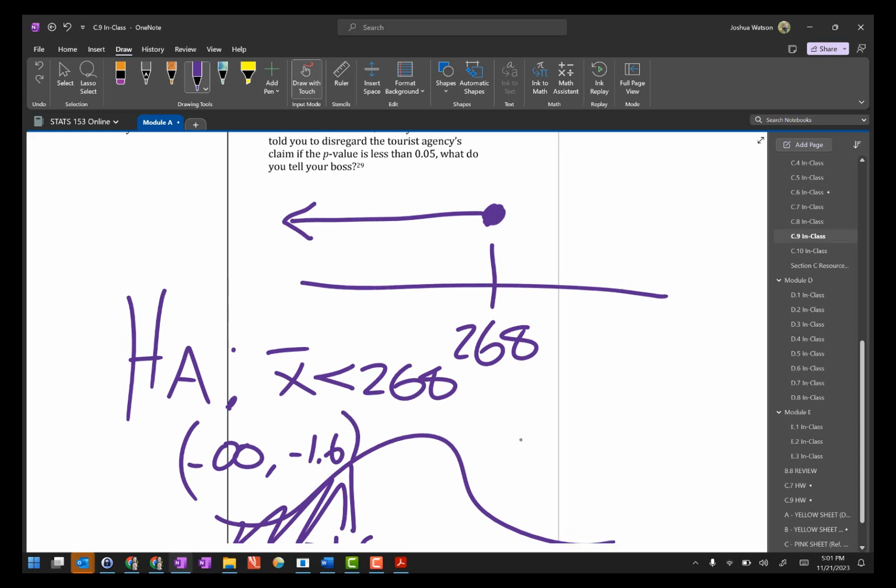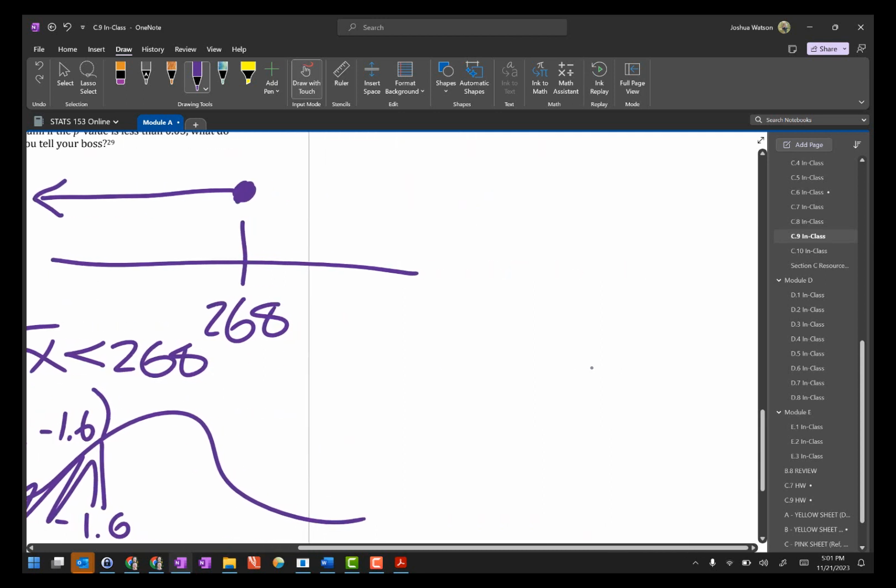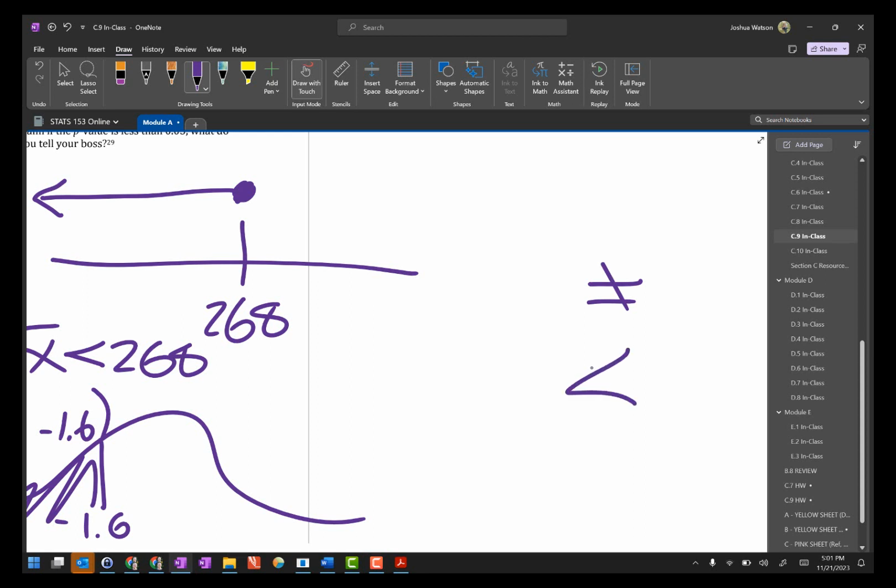So if you're going to sum this up into rules, if you have a not equal in your alternate hypothesis, that's a two-tailed test. If you have a less than, it's a left-handed one-tailed test. If you have a greater than, it's a right-handed one-tailed test. Hopefully that helps make sense of all that.